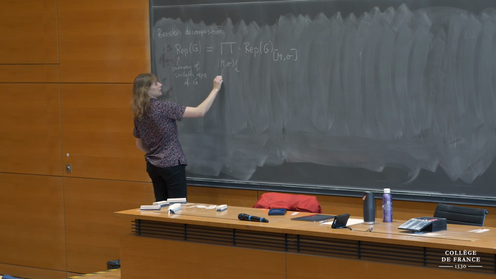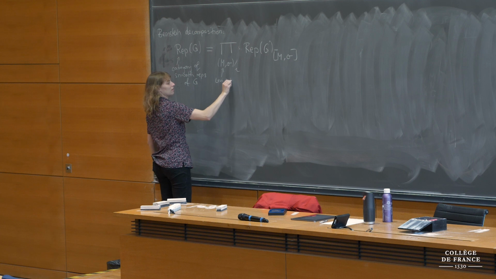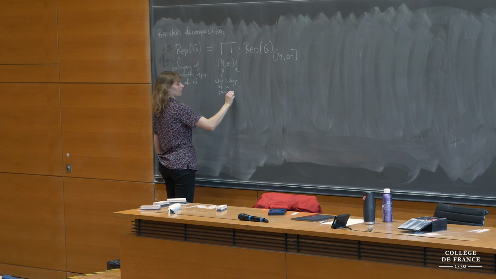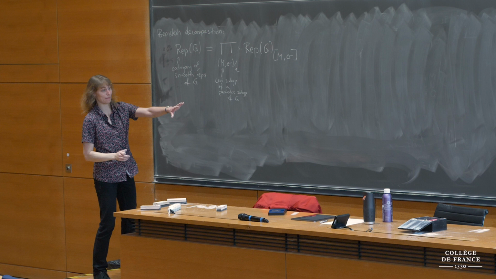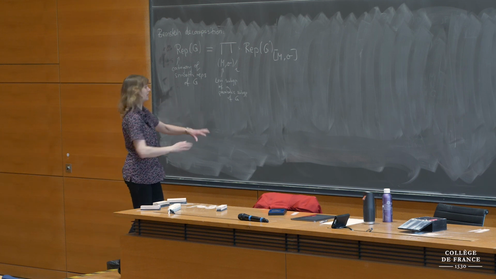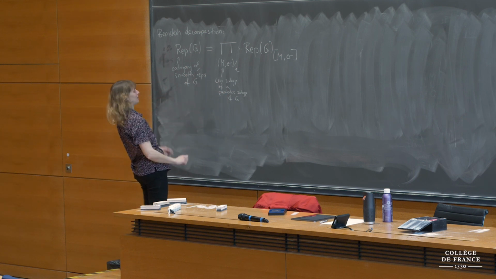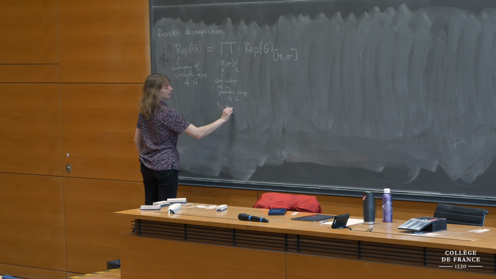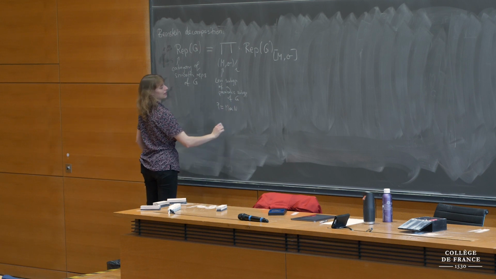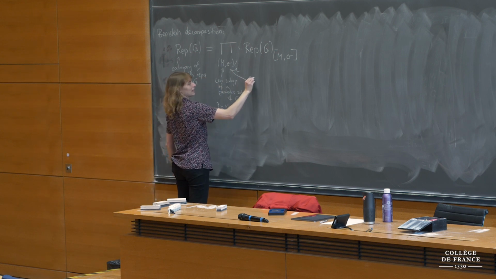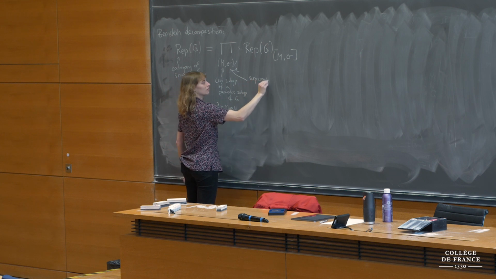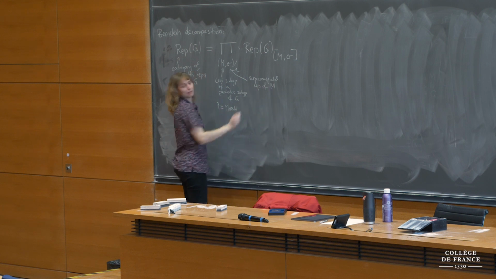Well, M is a Levi subgroup of a parabolic subgroup of G. So this is the same M that I wrote, and then erased, when I wrote P equals M semi-direct product N. And sigma is a supercuspidal representation of the Levi subgroup M.